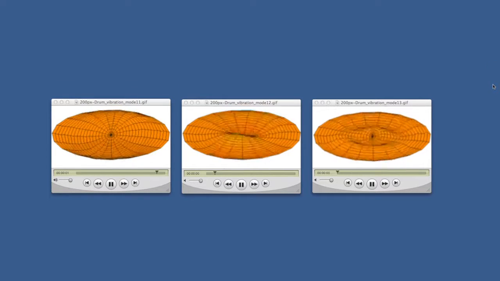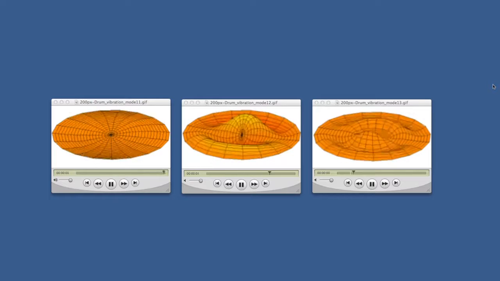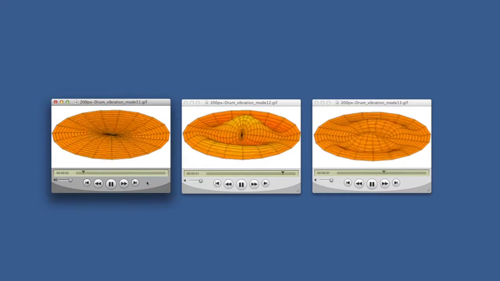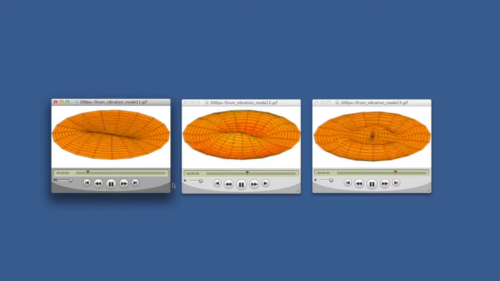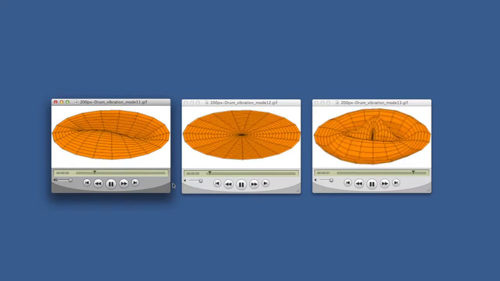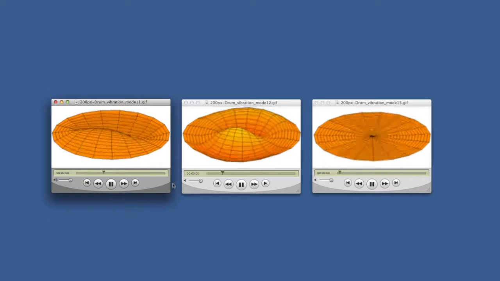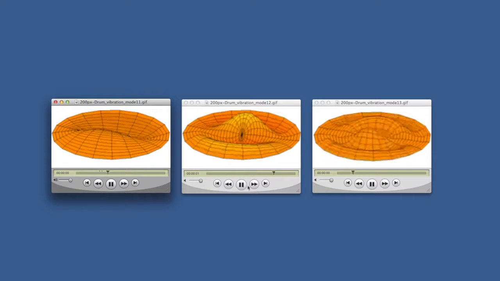These modes are visualized here, and so going from left to the middle to the right, the mode number associated with n, which has to do with which 0 of the Bessel function is associated with these shapes, is changing from 1 to 2 to 3.